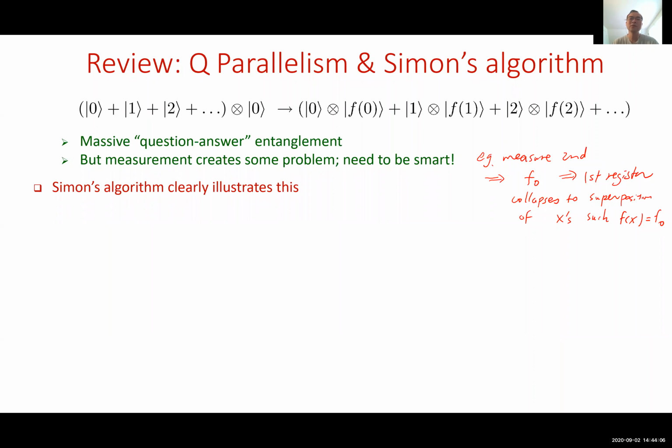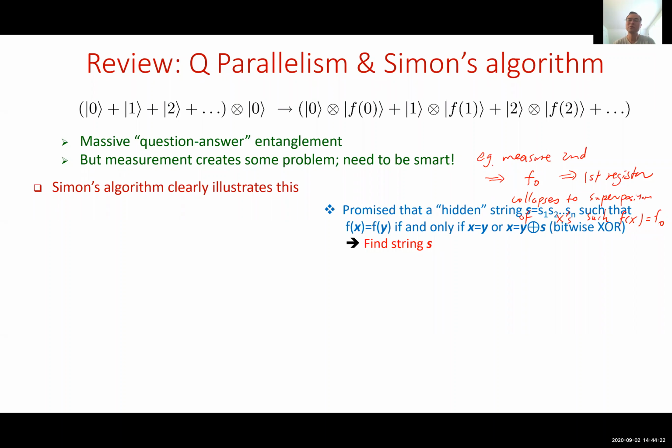Okay, and while you are reading about Simon's algorithm, maybe you should focus on where these rules apply. Let me just illustrate. This is the problem we want to solve.